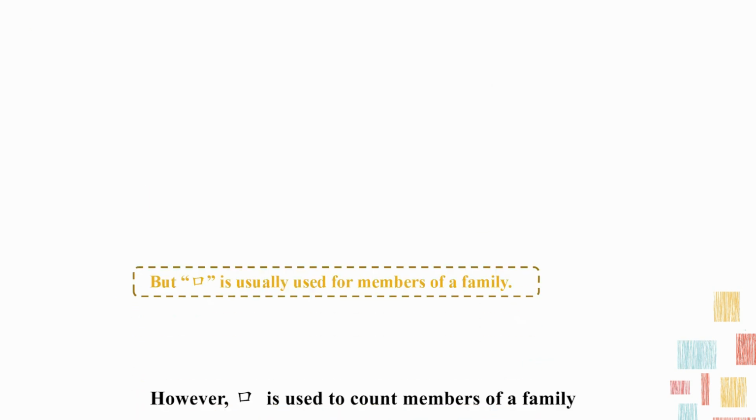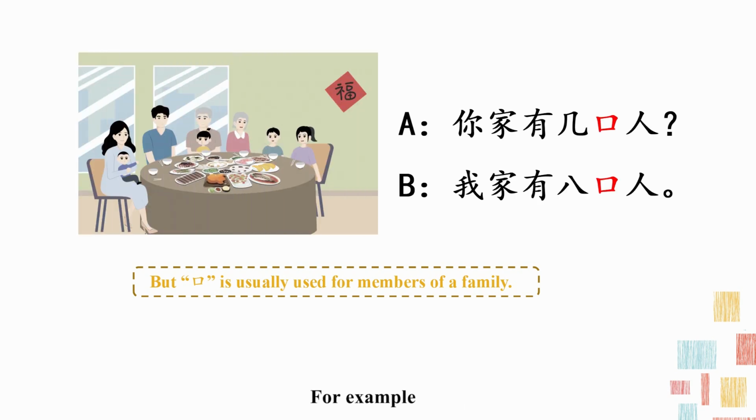However, 口 is used to count members of a family. For example, 你家有几口人？ how many members are there in your family? 我家有8口人。 There are 8 members in my family.